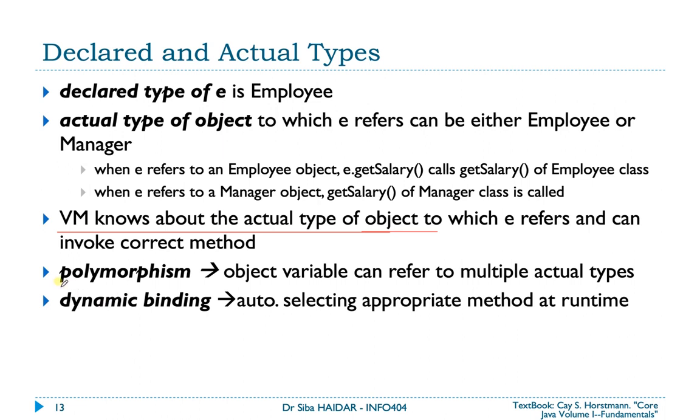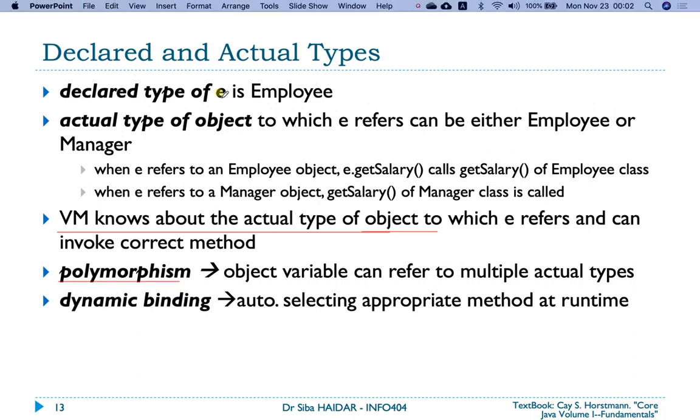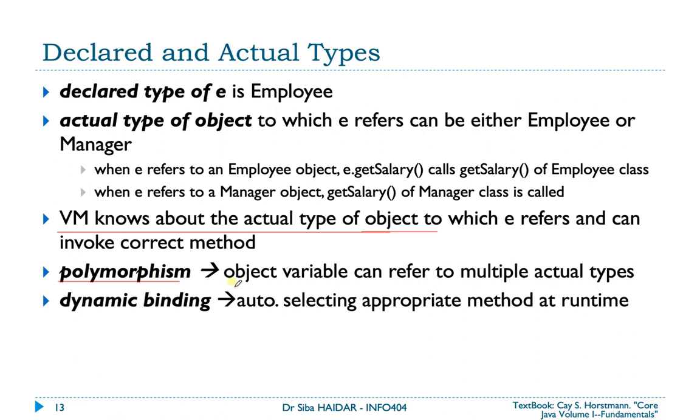So now we explained what is the declared and what is the actual type, and we will say that polymorphism is when an object variable can refer to multiple actual types. The case of E in our example, it referred to employee object type and to manager object type.